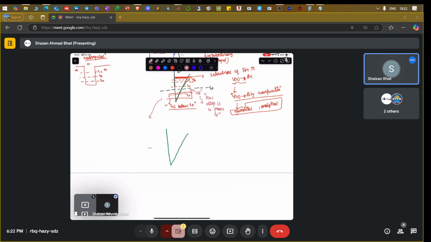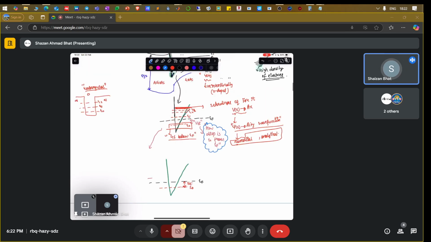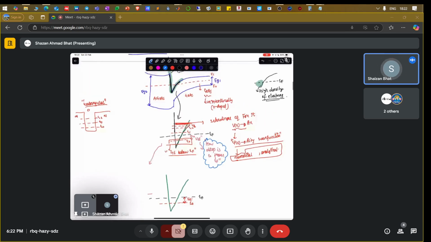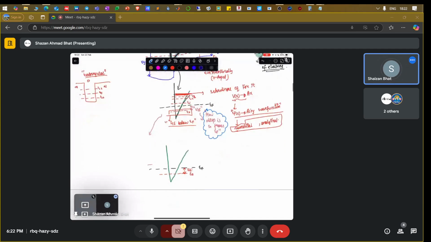You have the Fermi level and the first energy state below the Fermi level, and you call this difference VDI, which represents how deep E0 is from EF. So we're talking about a triangular well here, just what we have studied from the previous basics.